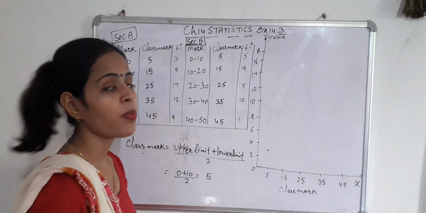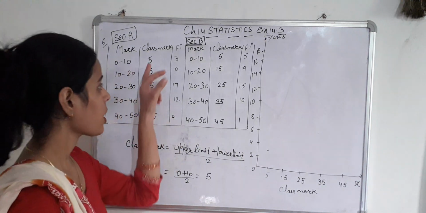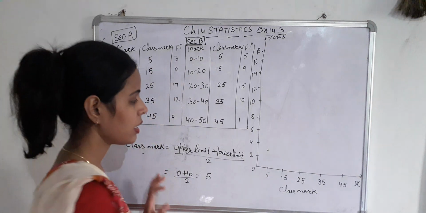First draw the frequency polygon for section A. 5 class mark, frequency 3.